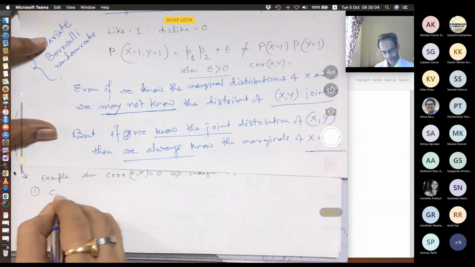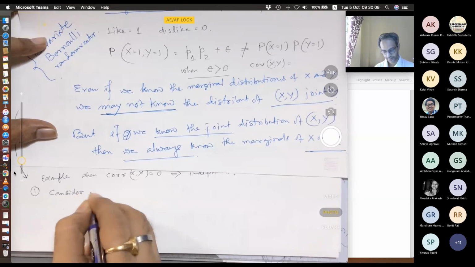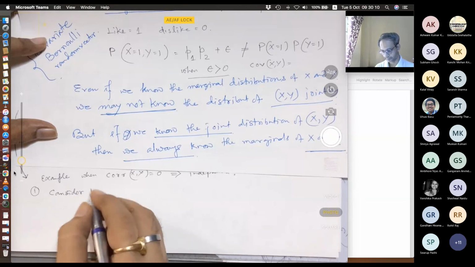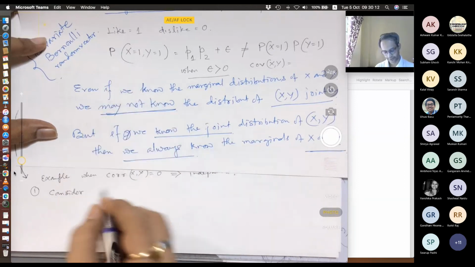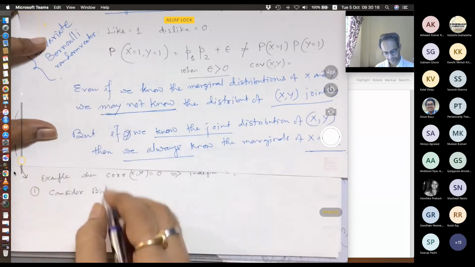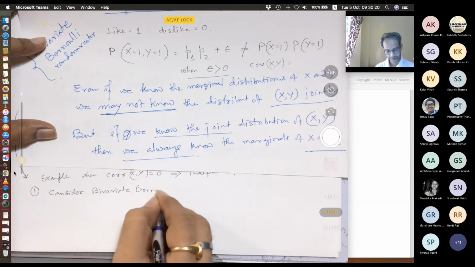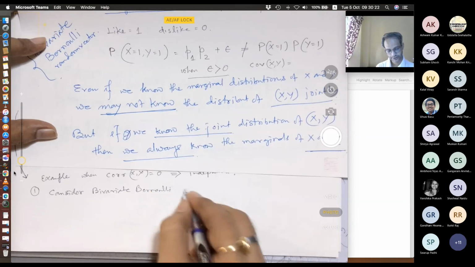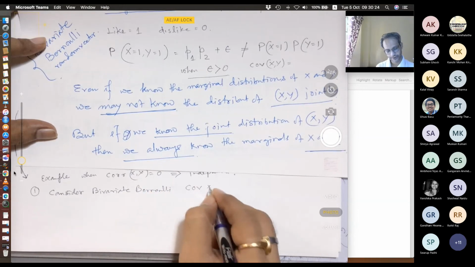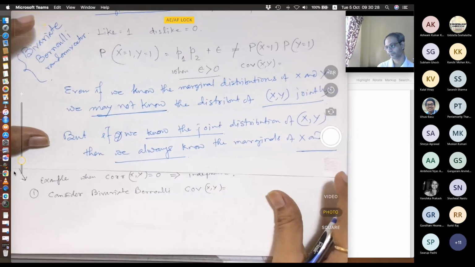So consider the bivariate binomial situation, whatever you have studied, bivariate Bernoulli. And covariance of x and y, what will be the value?